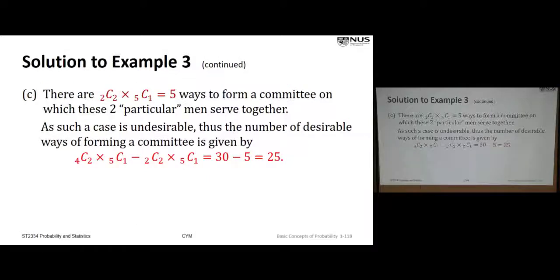So this is the number of ways that these two particular men are on the committee. So we choose 2 out of 2, 1 out of 5. Now I have a problem. The second entries add up to equal the number of persons in the committee.